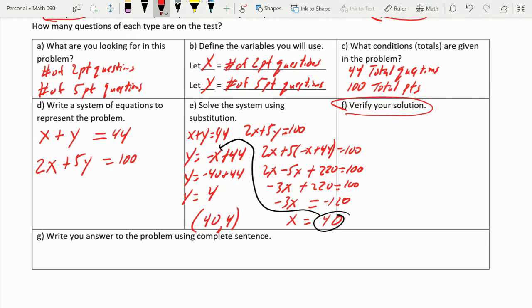I'm not going through that. You make sure it works. Get used to doing it. And then what's your answer in complete sentences? There are 40 2-point questions and 4 5-point questions.